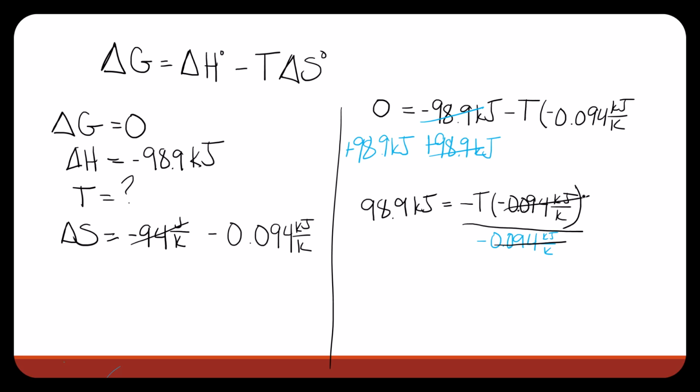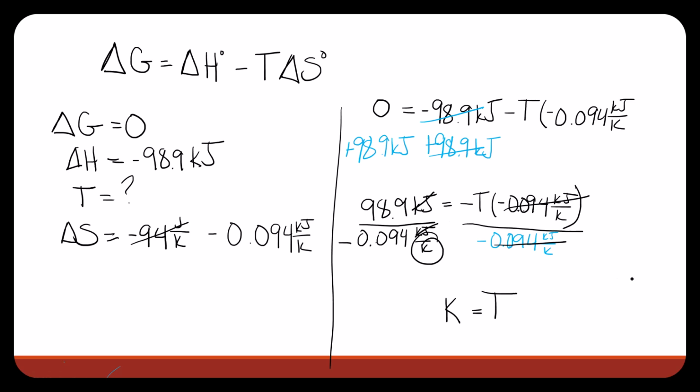Whatever I do to the right side, I also have to do to the left side. Divide by 0.094 kilojoules over Kelvin. My units are kilojoules, so kilojoules on top, kilojoules on bottom, those cancel, and we're left with the unit of Kelvin, which is good news because we're solving for temperature.